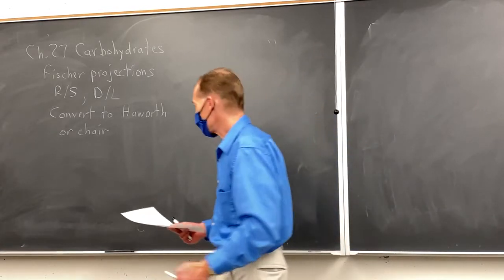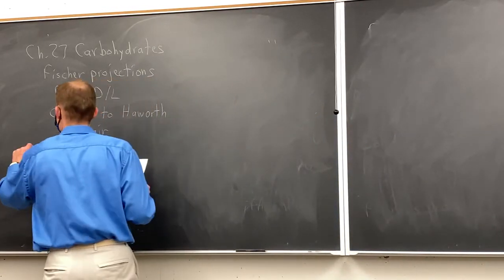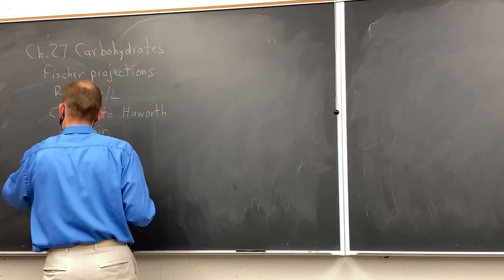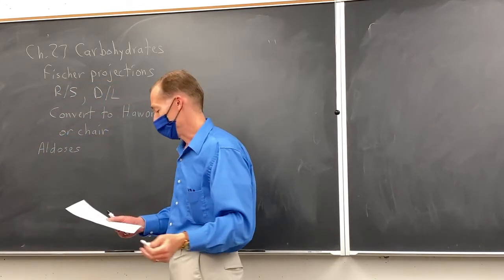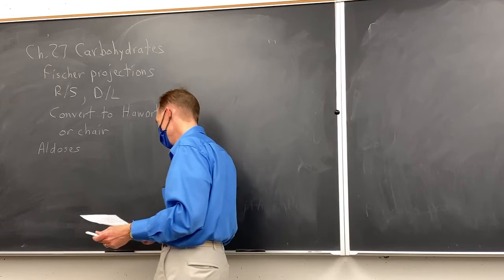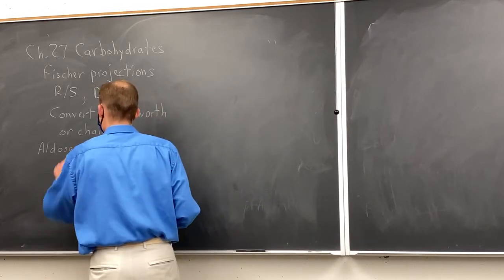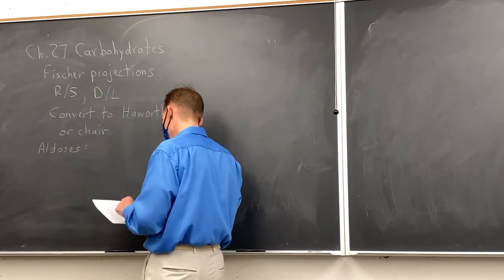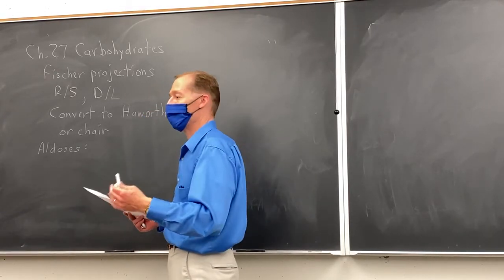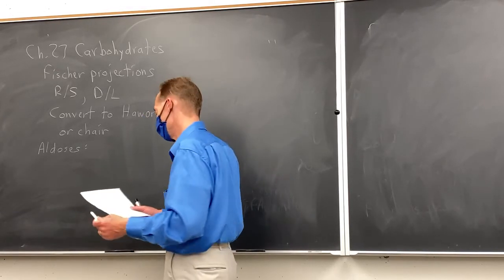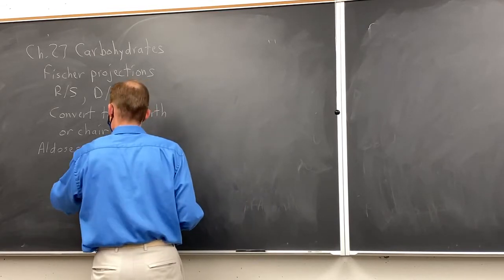So our two types of carbohydrates we learned about were aldoses, the ones with aldehydes, and then ketoses. There were four aldoses that we asked you to memorize the structures of. And the names, we only asked you to memorize the ones that were important in nature.